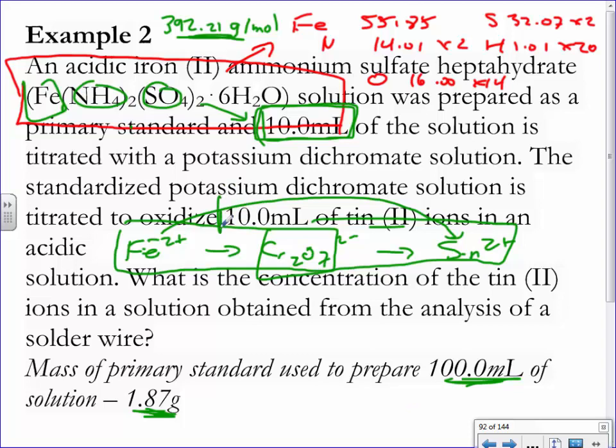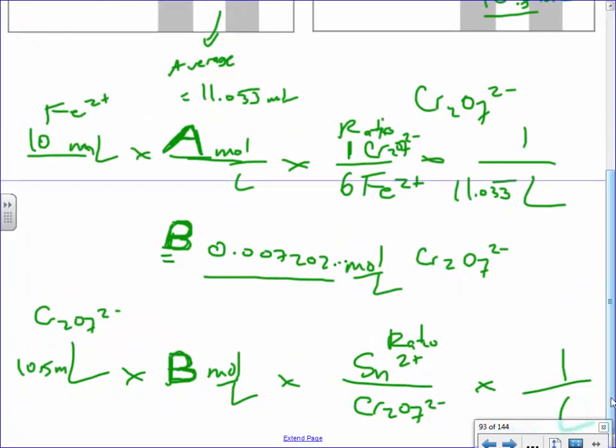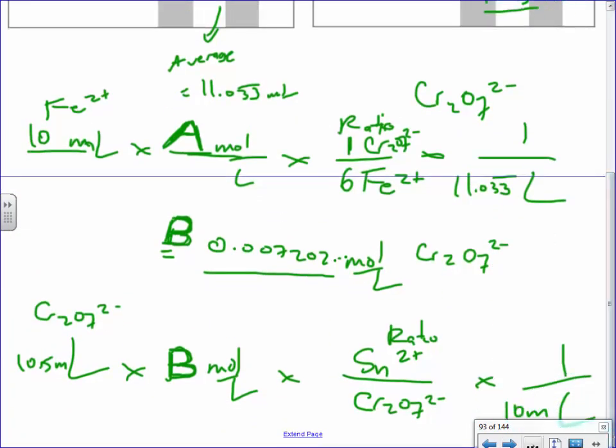It said right here that I also used 10 milliliters of tin. Do you guys remember what tool we would be using to measure the 10 milliliters in a lab? It's a pipette. Remember that one? It's where you use a little bulb device. Anyways, that's 10 milliliters right here.